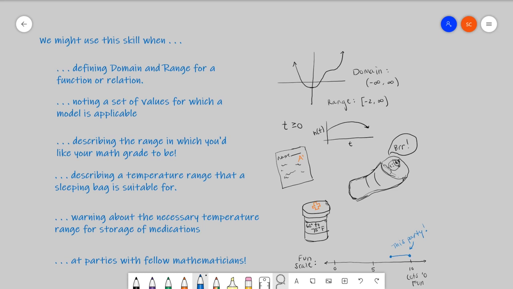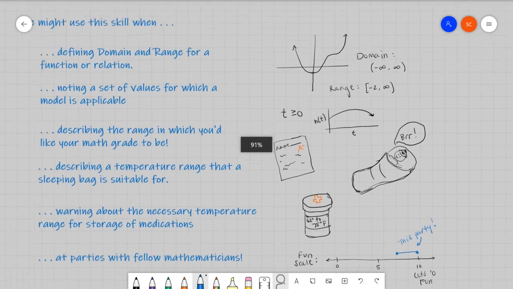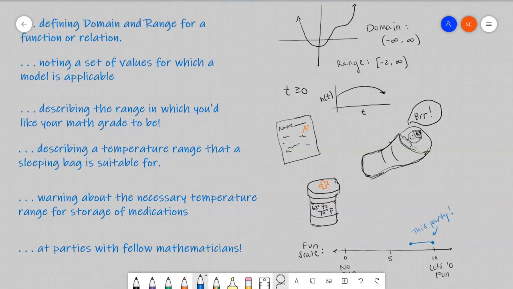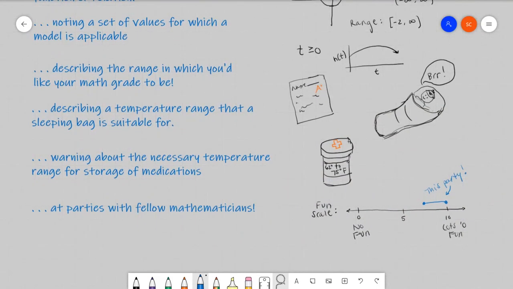What range of numbers gives me an A in this class? Or maybe defining what temperature a sleeping bag is rated for so that you're safe in your winter camping adventures. Maybe giving a warning about necessary storage requirements for storing medications. And as always, you might use this at a party with your fellow mathematicians.